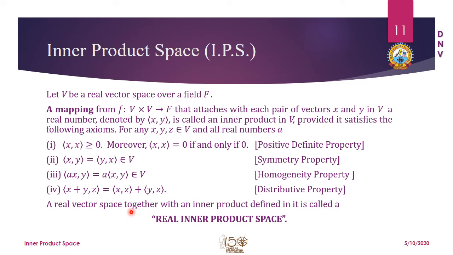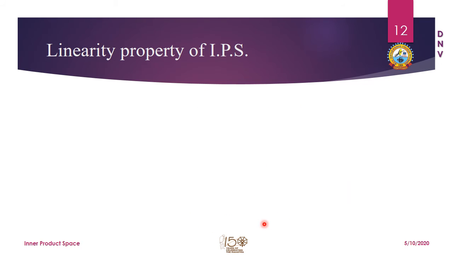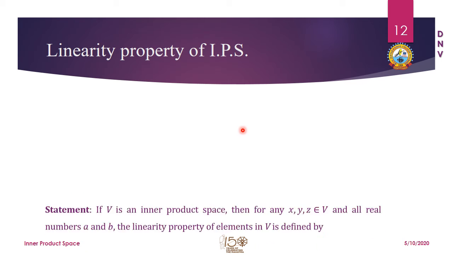So a real vector space together with these inner product axioms defined is called a real inner product space, RIPS. So what is the linearity property of inner product spaces I was talking about? Let us define the linearity property in general.